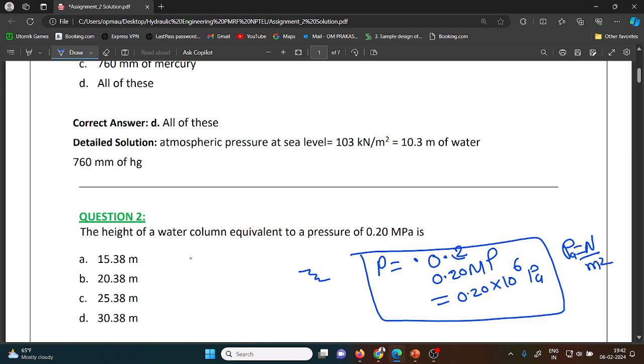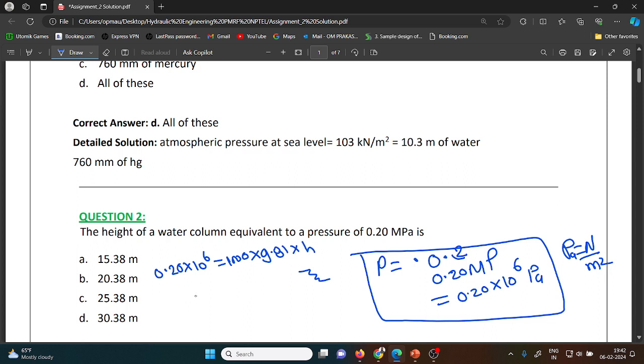Now in the water column, similarly to the previous one, I will directly write 0.20 into 10 to the power 6 is equal to rho of water, that is 1000, into 9.81 into height.